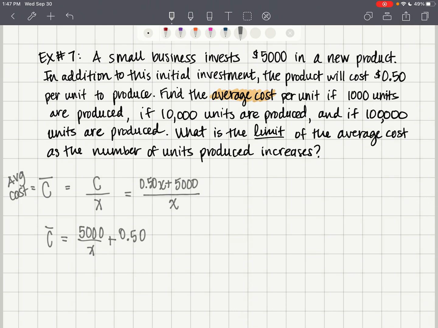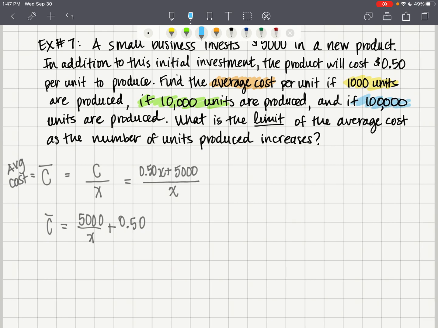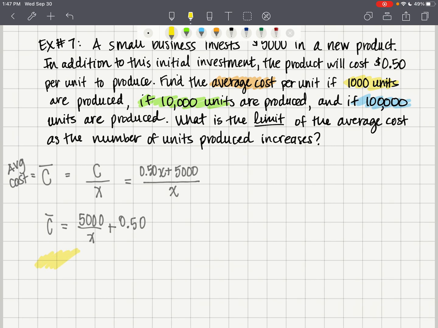We want to know the limit of the average cost as the number of units produced increases. That's our final answer. But we still need to find when 1,000 units are produced, then when 10,000 units are produced, and then when 100,000 units are produced. So let's find C bar of 1,000, and then C bar of 10,000.